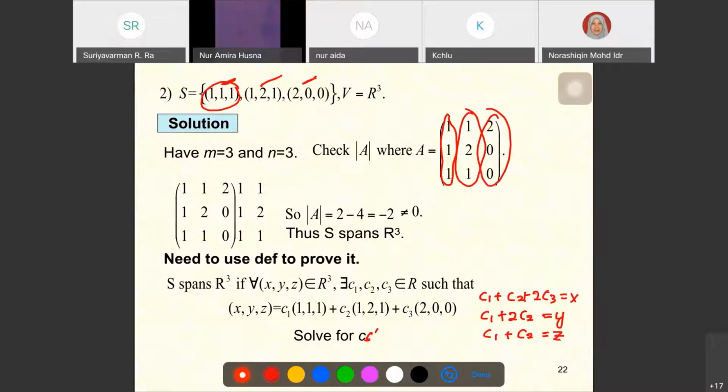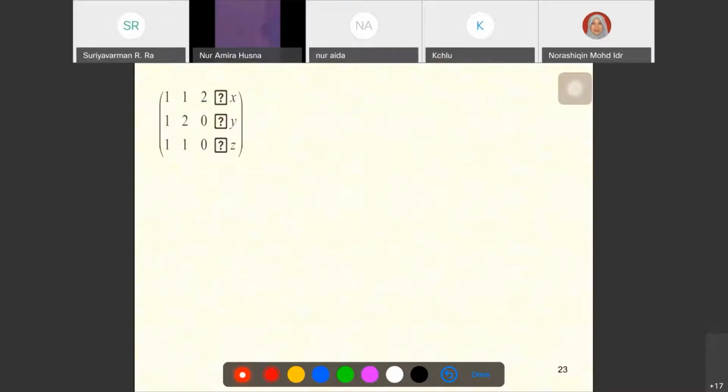Okay. Help! Ghost Jordan is helping us to find the C's. Okay. If you don't agree, say so. If I made a mistake.